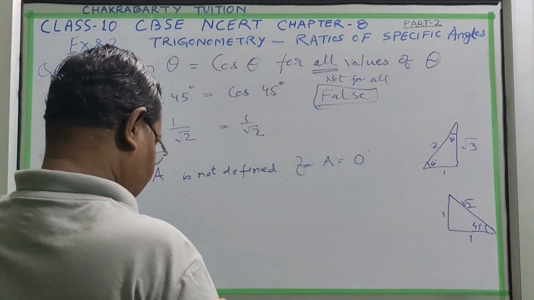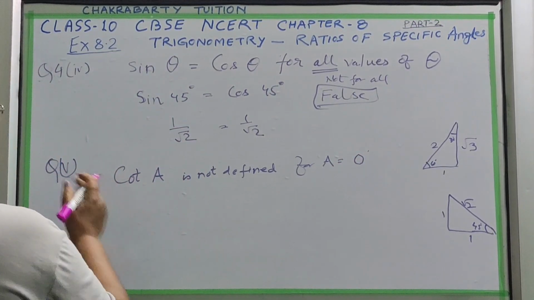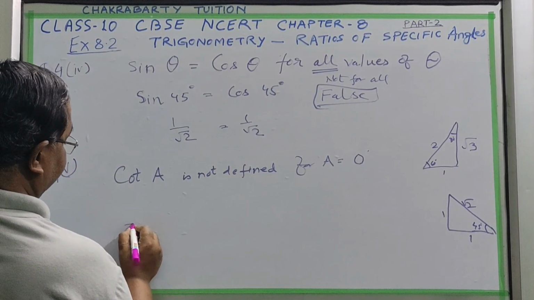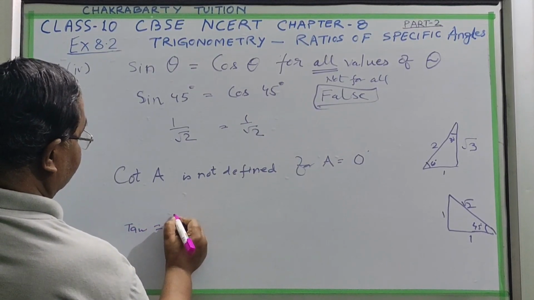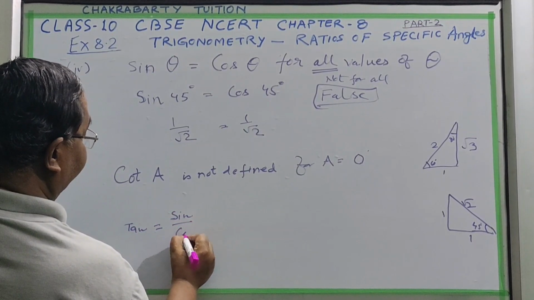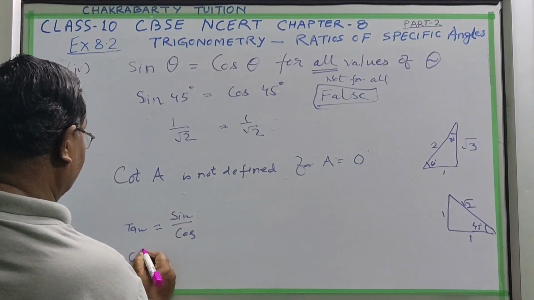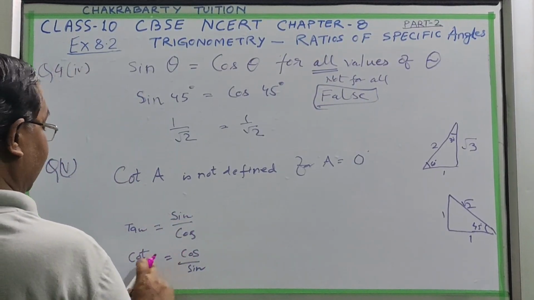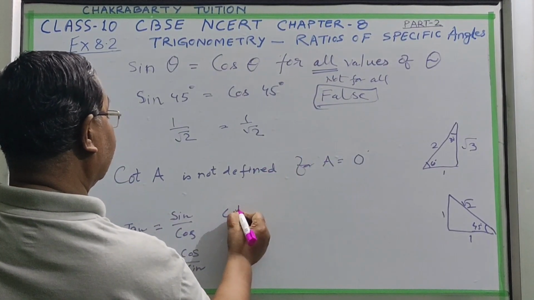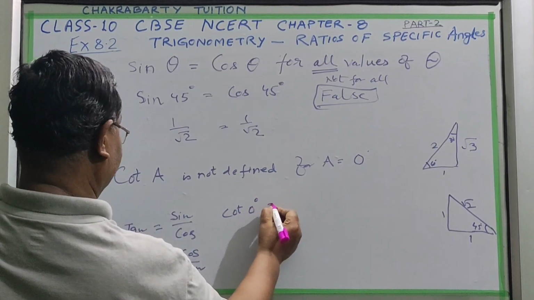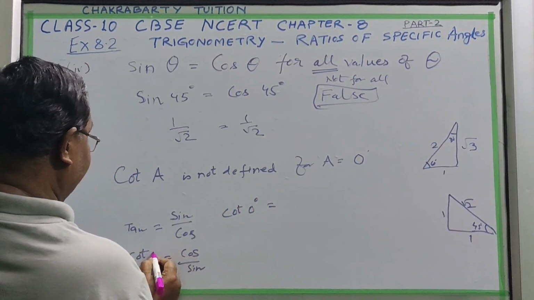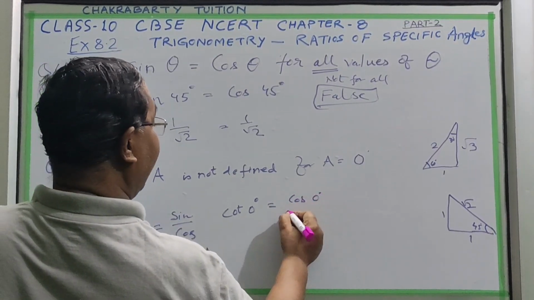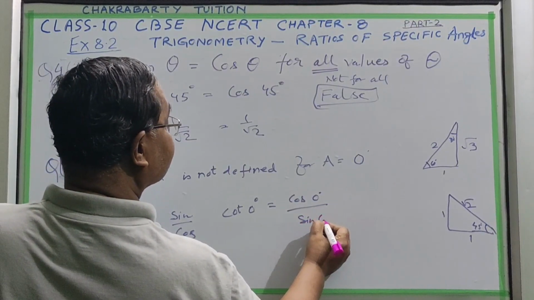Okay, so we know that tan equal to sine upon cos, and cot equal to cos upon sine. So cot 0 degree equals cos 0 degree upon sine 0 degree.